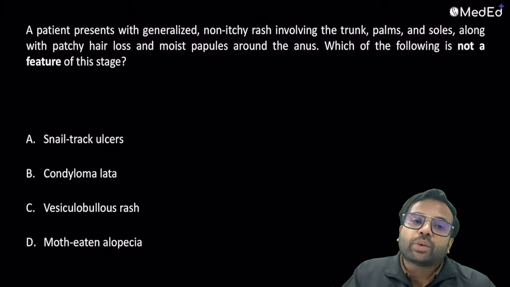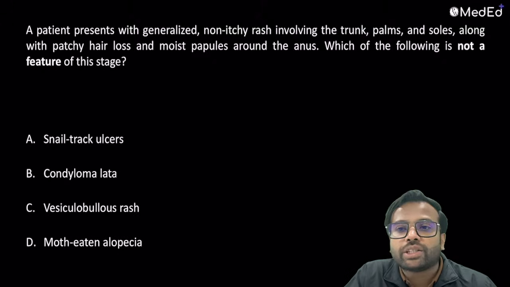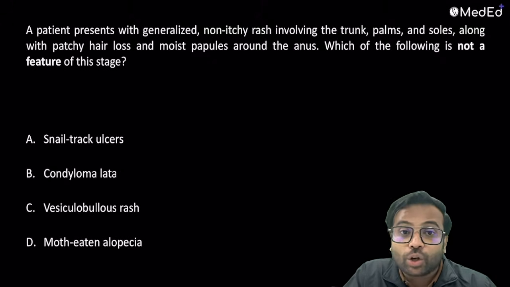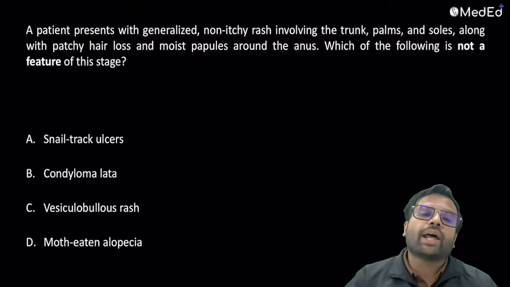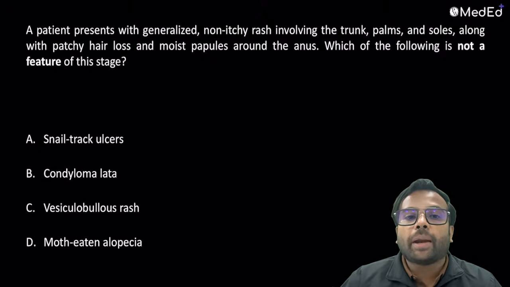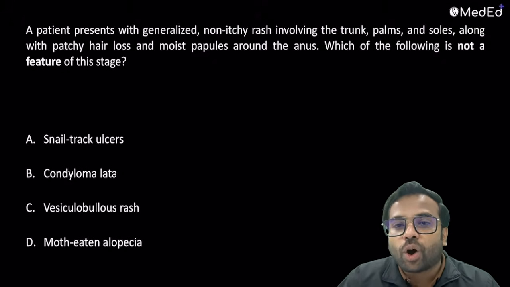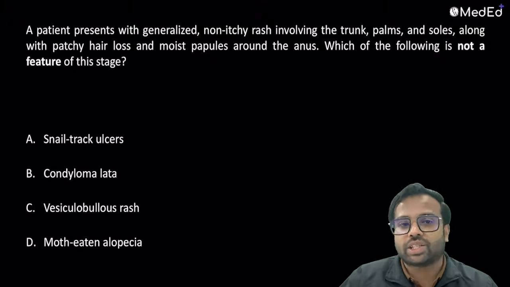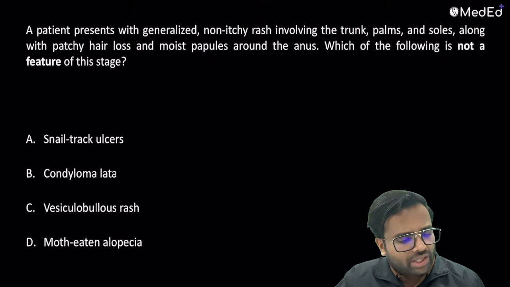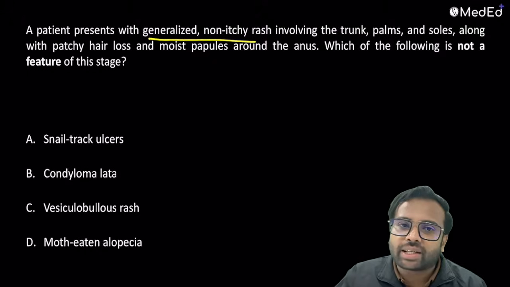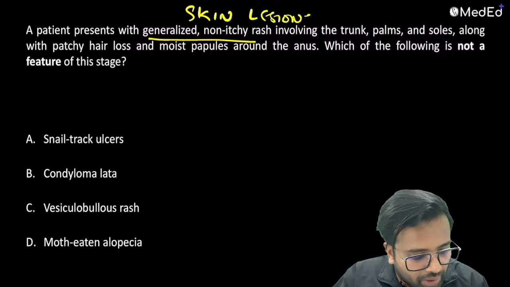Now let's see another question. A patient presents with a generalized non-itchy rash involving the trunk, the palms and the soles, along with patchy hair loss and moist papules around the anus. Which of the following is not a feature of this stage? So which stage are we talking about? Here generalized rashes are there, which means a lot of skin lesions are present.